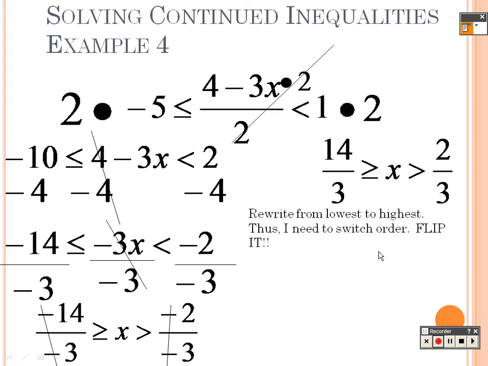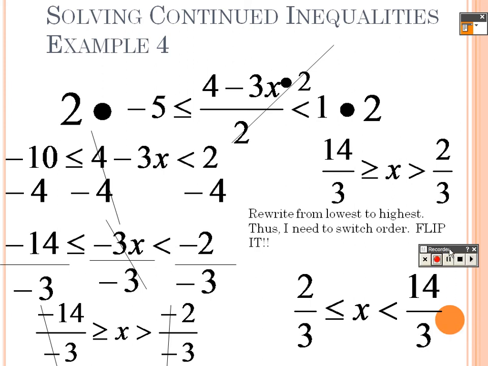So it's actually 2/3 is less than or equal to x, which is less than or equal to 14 over 3. This sign should actually have the bar under here. Okay, so keep that in mind. There's no bar here. There should be a bar right under here, though. So it's less than, and then this one is less than or equal to, because you just flip them right over.